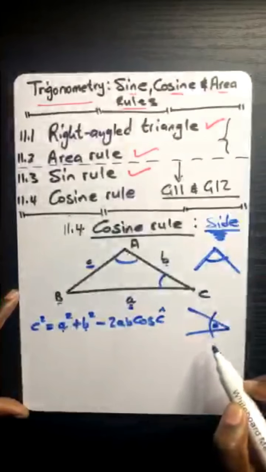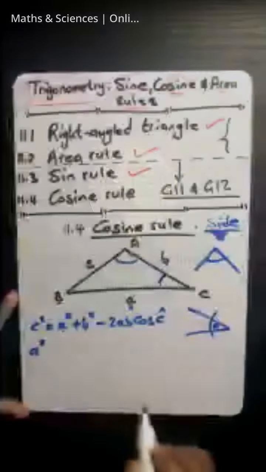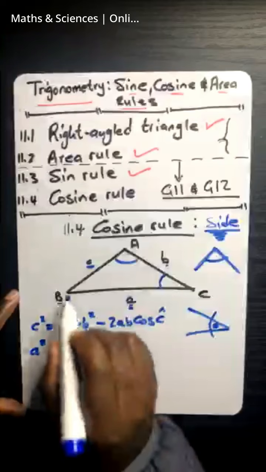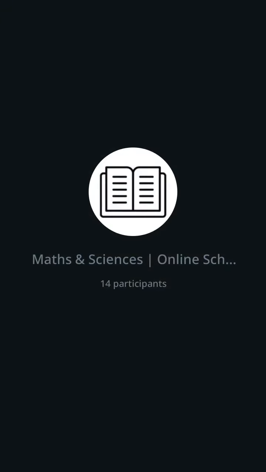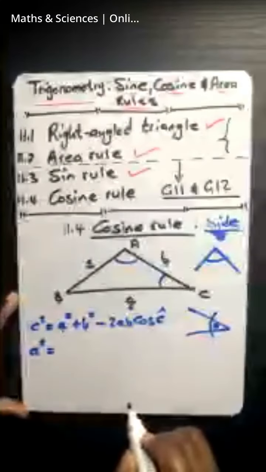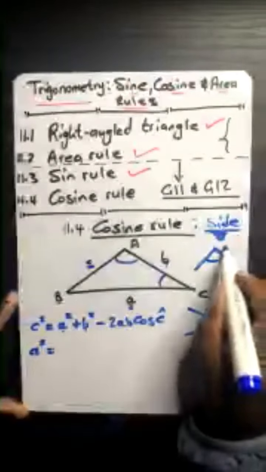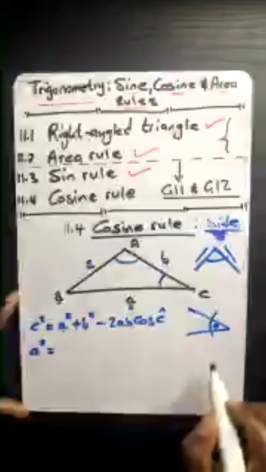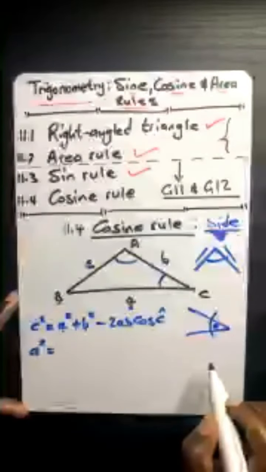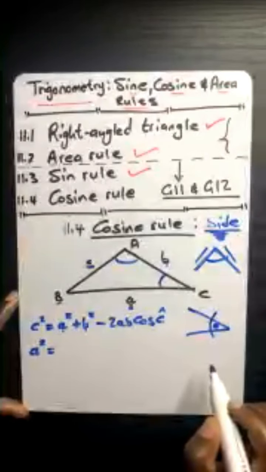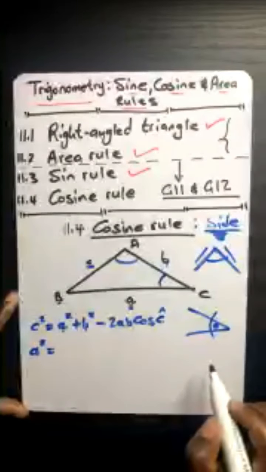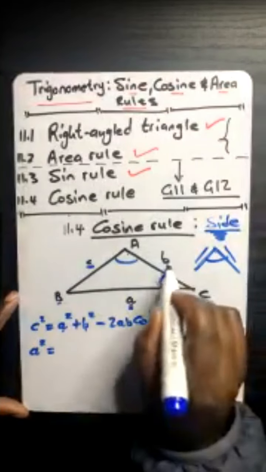Because A is the side we are looking for, A squared is going to be equal to, alphabetically, which letter comes first between the two sides?